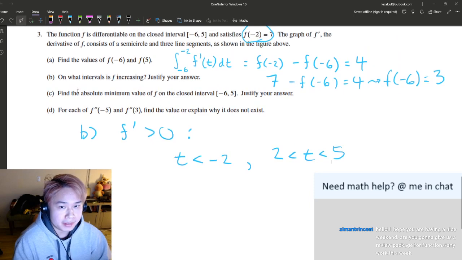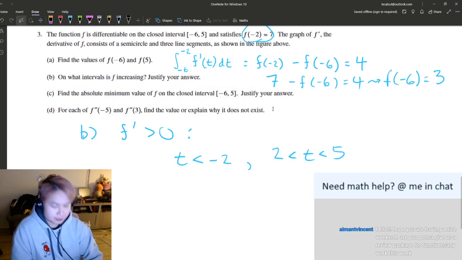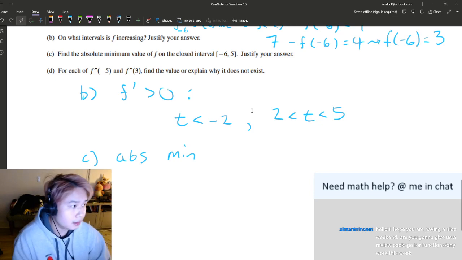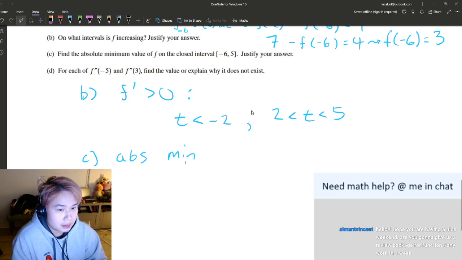Okay, and then let's see, find the absolute minimum value on the closed interval. So the absolute minimum means we need to check all of the places where we have critical points.